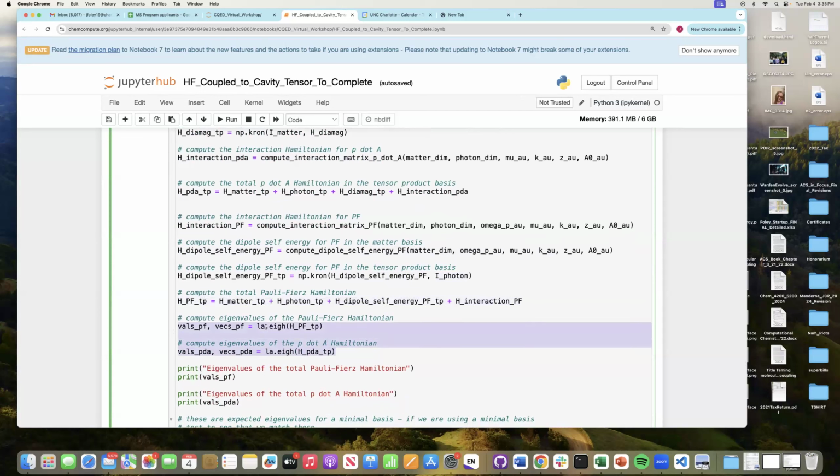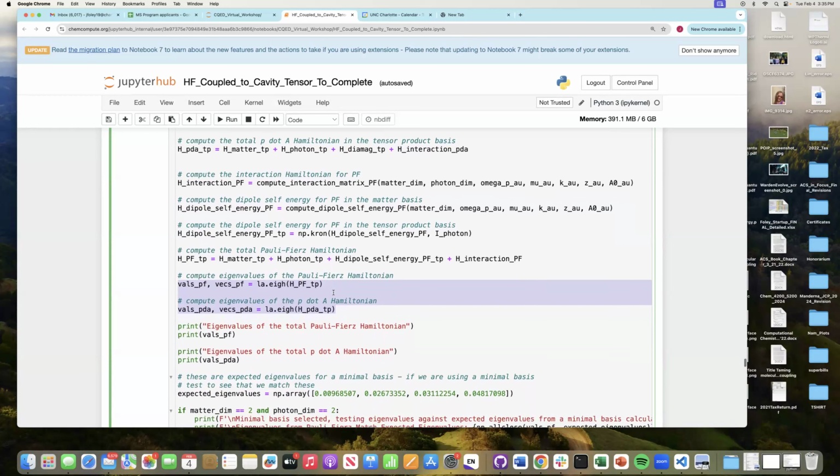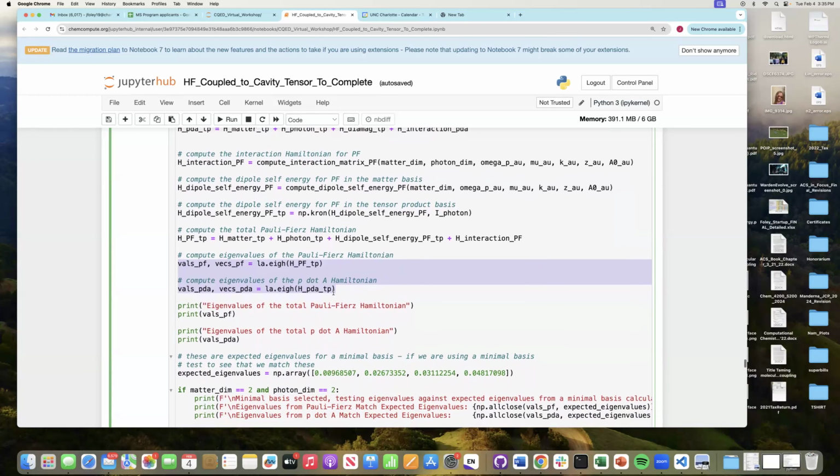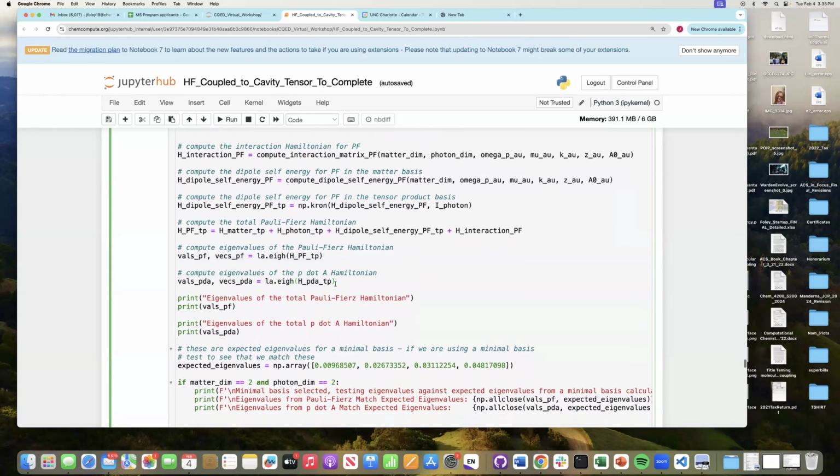And something very peculiar about the harmonic oscillator: if the matter subsystem is the harmonic oscillator, then you should always get exact agreement between the eigenvalues of the Pauli-Fierz and the P dot A Hamiltonian.